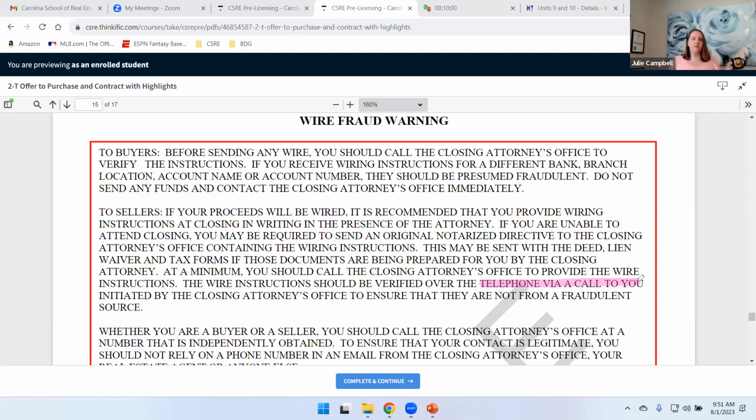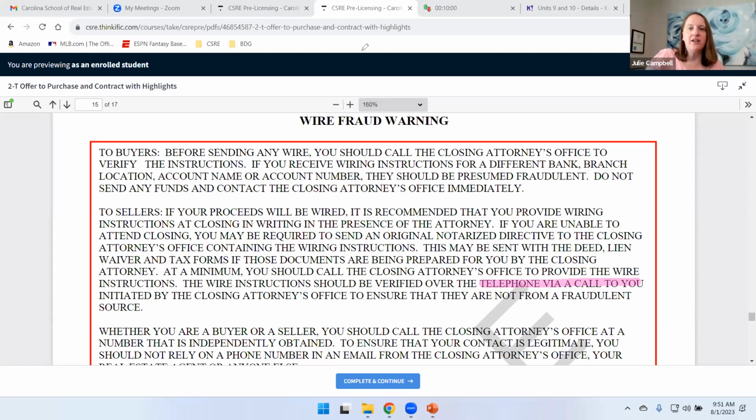Don't call the closing attorney from a number in an email, because you might be calling the hackers. So either you provide the phone number, or you tell them to go to Google and look it up. But we're going to have them go old school, pick up the phone, call the attorney, and get that wire transfer information over the phone.